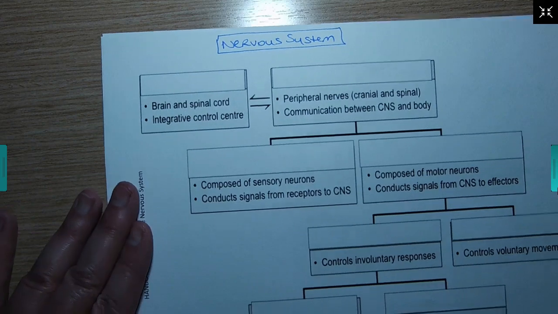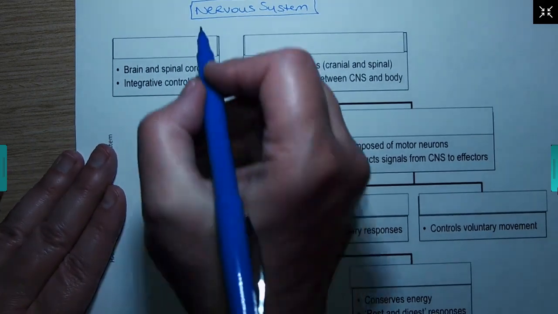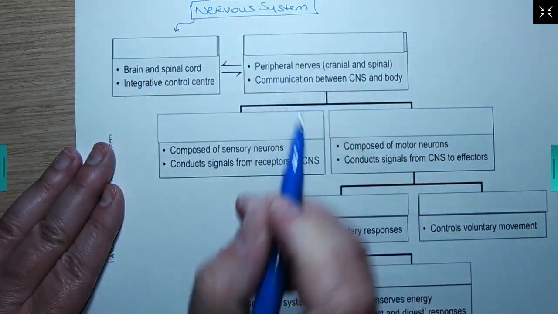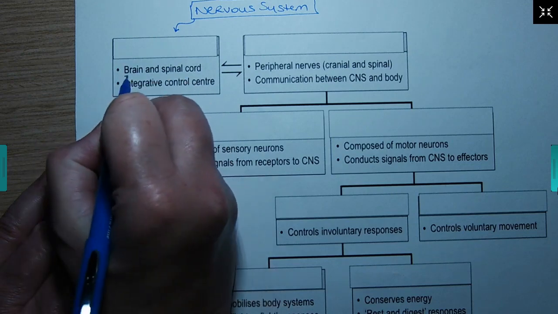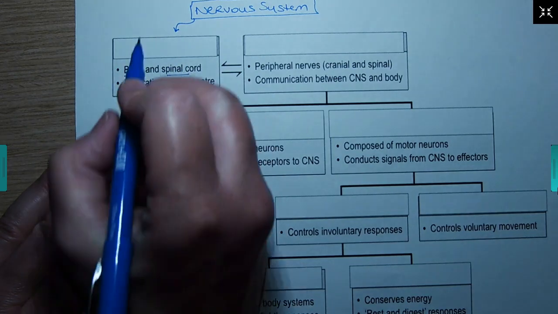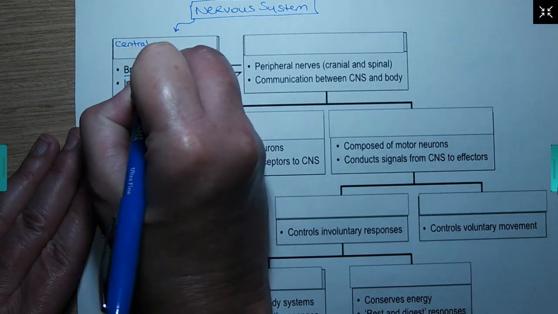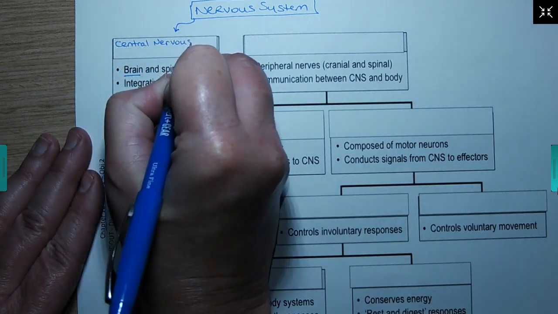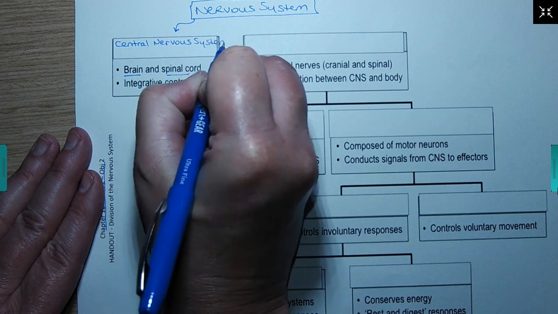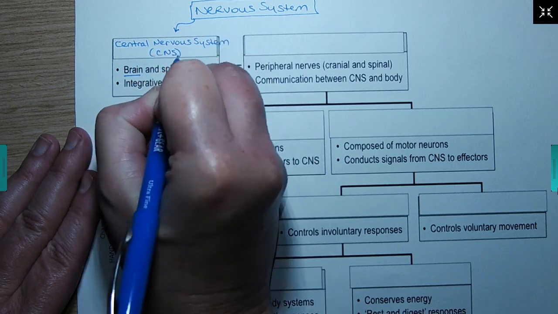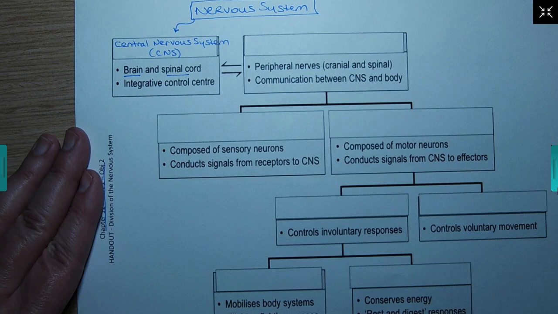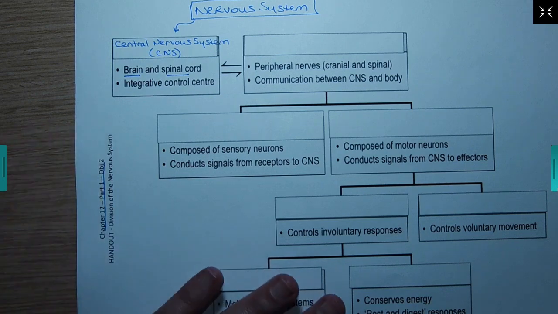The nervous system is divided into two main systems. This one over here, which is made up of the brain and spinal cord, this is the central nervous system. And I'm going to call that the CNS. That way we don't have to keep writing out central nervous system.